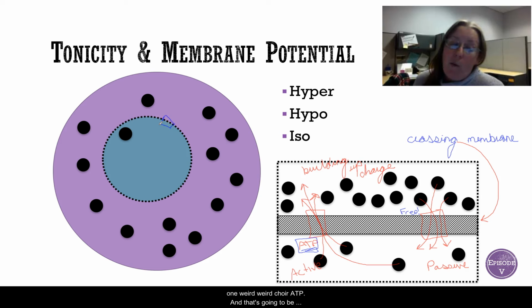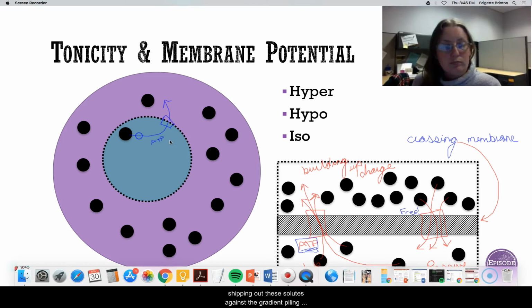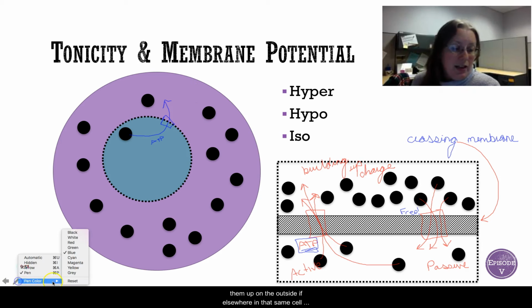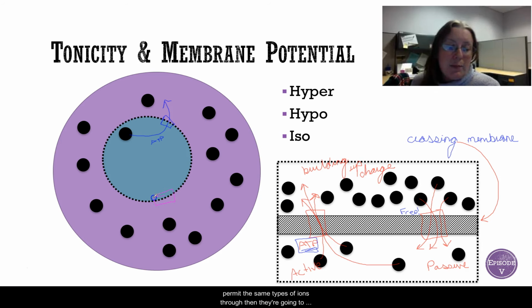So this one would require ATP. And that's going to be shipping out these solutes against the gradient, piling them up on the outside. If elsewhere in that same cell membrane we have other channels that passively permit these same types of ions through, then they're going to automatically be moving in with absolutely zero effort on the cell's part.